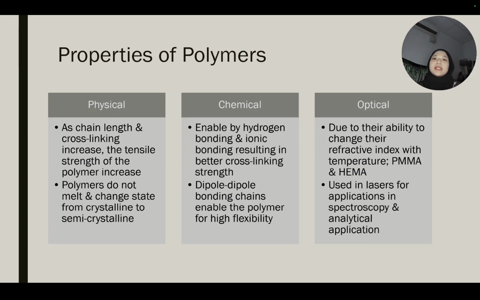The properties of polymers. There are three: physical, chemical, and optical. For physical, as chain length and cross-link increase, the tensile strength of the polymer increases. For the chemical, enabled by hydrogen bonding and ionic bonding, resulting in better cross-linking strength.